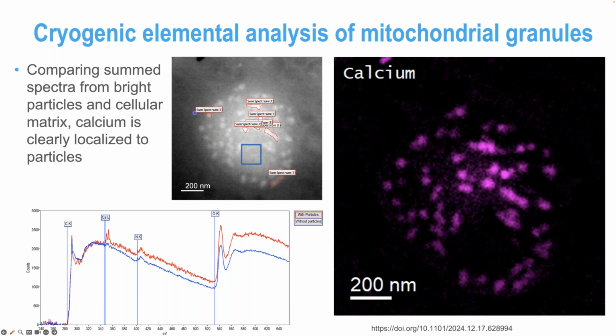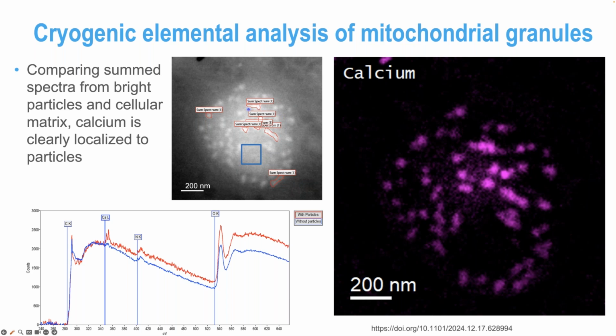We can draw whatever we want, and you can draw multiple closed loops at the same time. In this case, 1, 2, 3, 4, 5, 6, 7. With those ROIs defined, you go to, I think, the SI menu in the software, and there's a feature that says sum in selected region. That's the simplest way to do that.